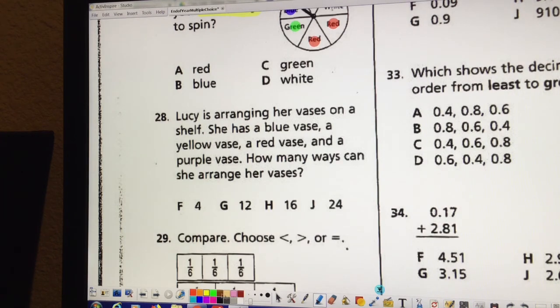Maybe put a B for blue, a Y for yellow, an R for red, and a P for purple, right? So maybe she wants to first do her blue, her yellow, her red, then her purple. But maybe then she wants to do blue, red, purple, then yellow. Okay? Think of how many different ways she can arrange her vases, because obviously she's not just one way. There's going to be more than one way.